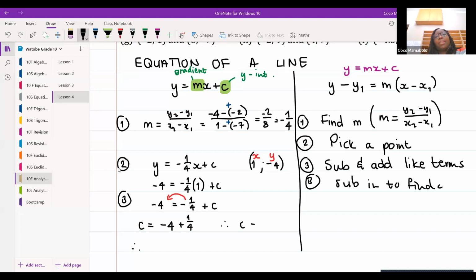Let me write it over here. It's going to be -4.25.